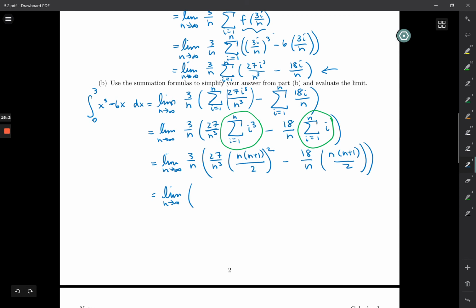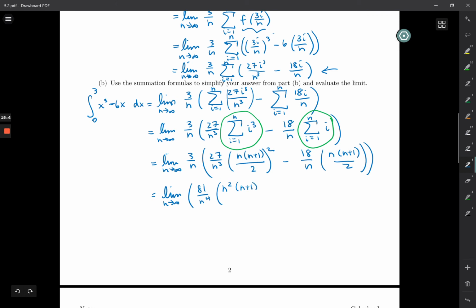And we would get 27 times 3 would be 81 over n to the 4th times, I'm going to go ahead and distribute this exponent 2 to each piece of this fraction right now, so I don't forget to do that. So that would be n squared.